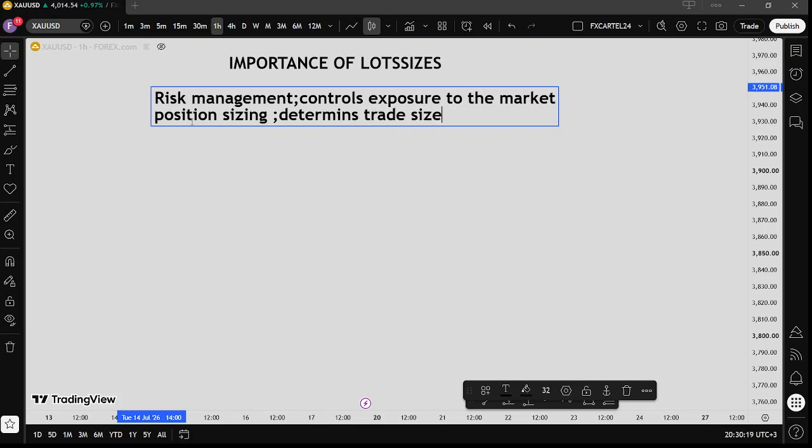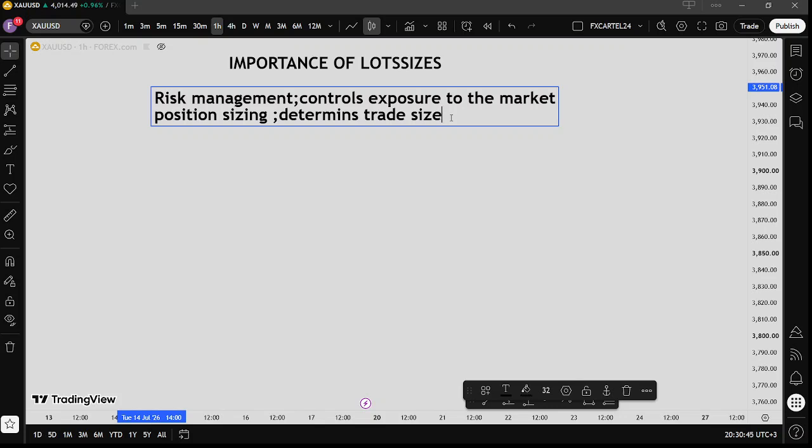Okay, so what do I mean by size? It determines the trade size. So for example, somebody who has entered a standard lot, the size differs from the person who has entered a 0.1 or a 0.3 or a 0.2.